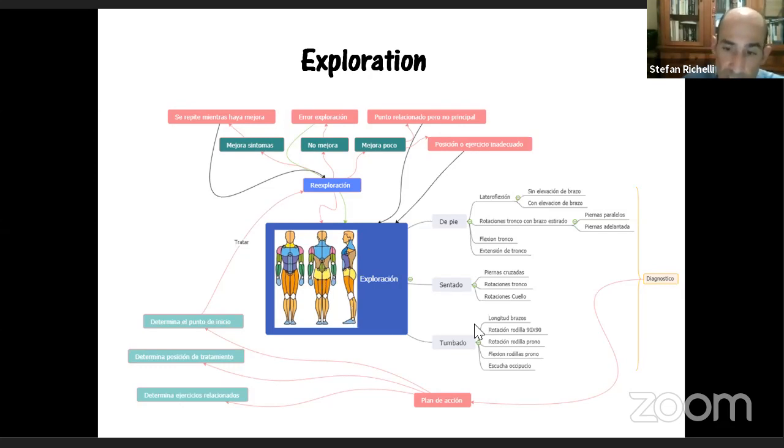So here with examination, we know the starting point, we know the treating position, and also the movement, because the movement is very important during the treatment. In a complex movement, there will be fibers in specific areas with more tension, less tension. If you move the patient during the treatment, you will be quite sure that all the fibers involved in the pathology will be treated.